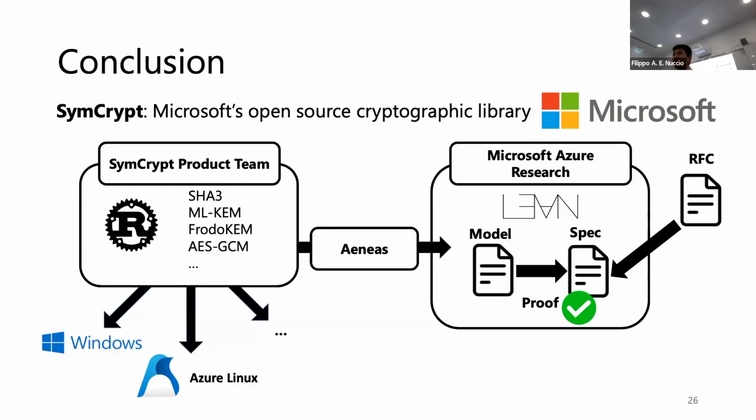I have another question. About the translation from C to Rust, how do you make sure that it's faithful? We do not. I mean, we verify the Rust code in the end, but of course, if you want to make sure it is faithful, you will need to verify the C code as well.